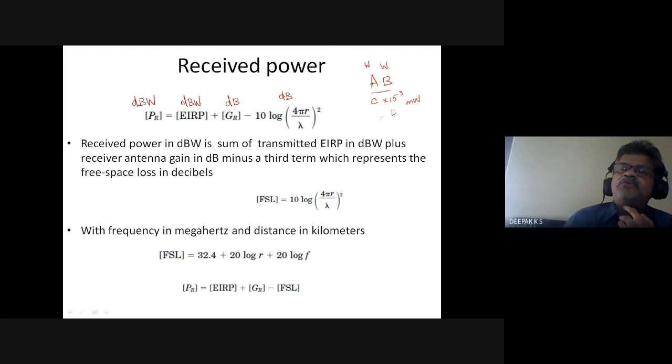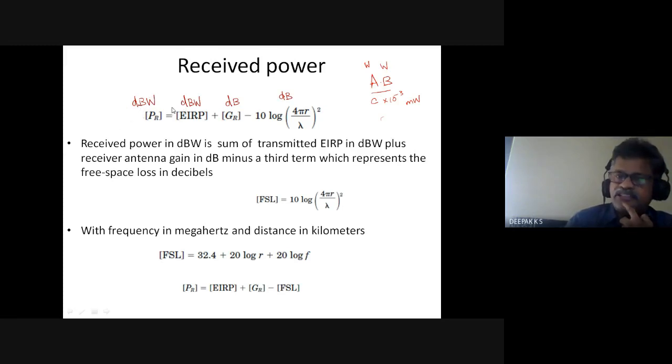When you vary this into milliwatt or microwatt, the whole thing becomes the same as the third unit. So the other two can be in watt, and the third one can be a dBm or dBW or dB microwatt. The answer would be in dBm or dBW or dB microwatt.